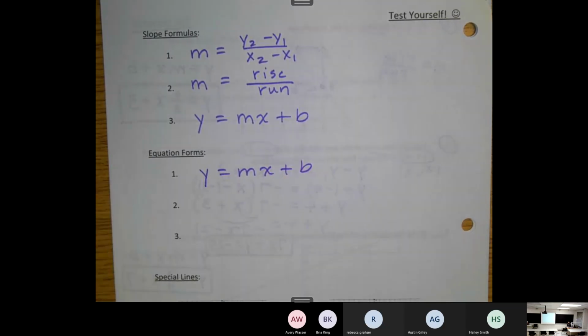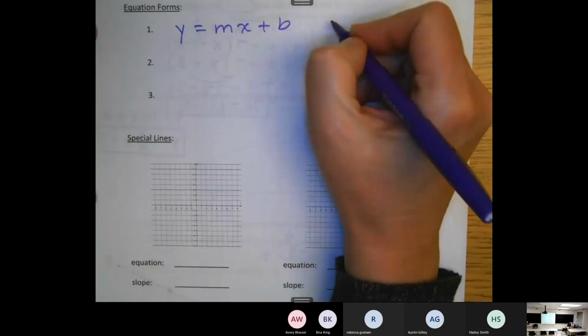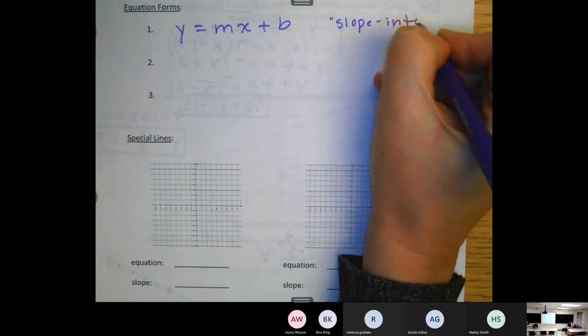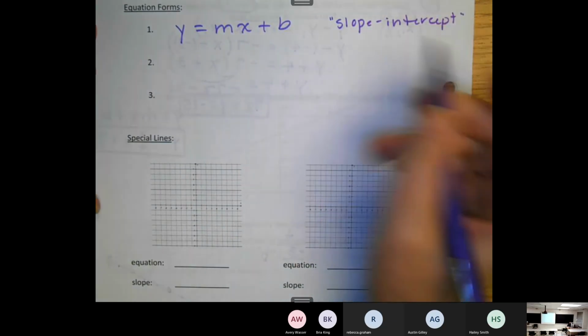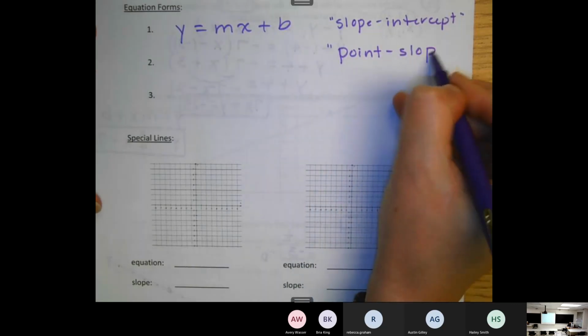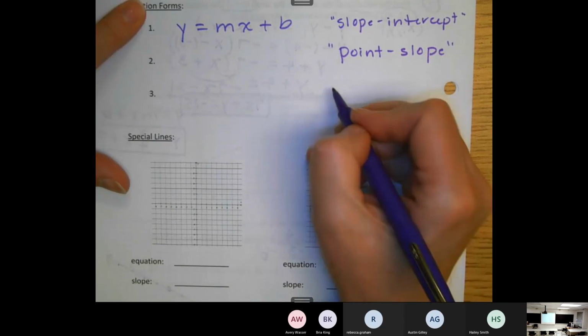There were 2 other forms we used for our equations today. See if you could remember a formula or a form to finish out those 3. They all had names like the one we already wrote there, that was slope-intercept.